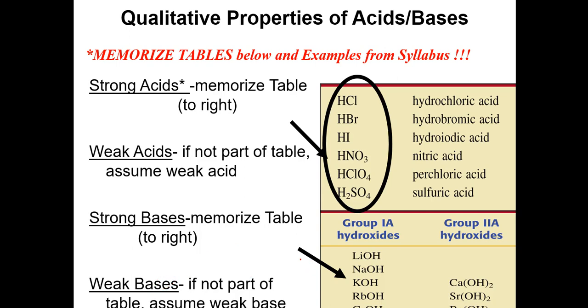So you should know this. You should be able to identify whether it's an acid or base, and whether it's a strong acid, strong base, weak acid, weak base. Here's another hint. Usually there's a hydrogen that's in front, indicating that it's going to be an acid, and that's the hydrogen that likes to come off.